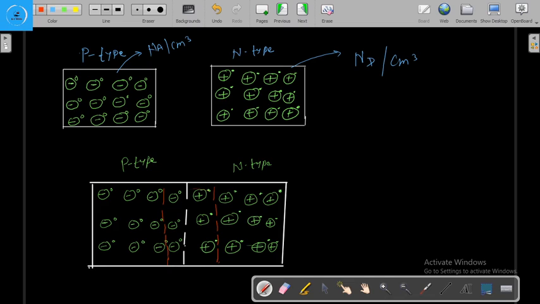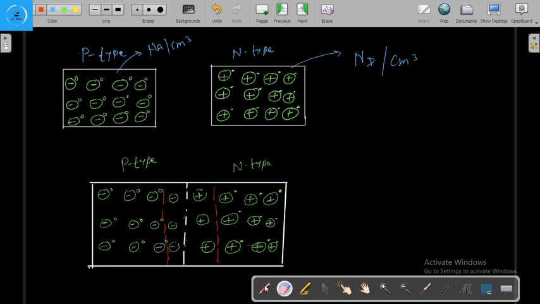This electron combines with this hole, and hence the electron-hole recombination happens here.